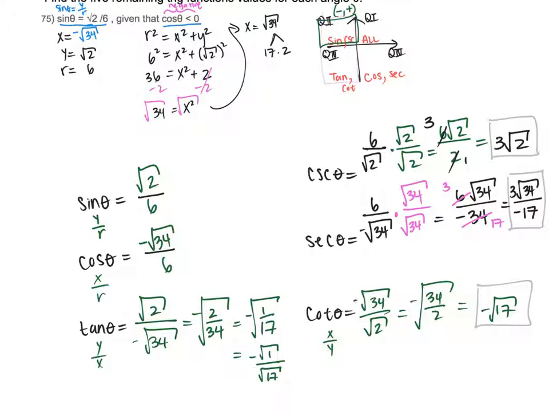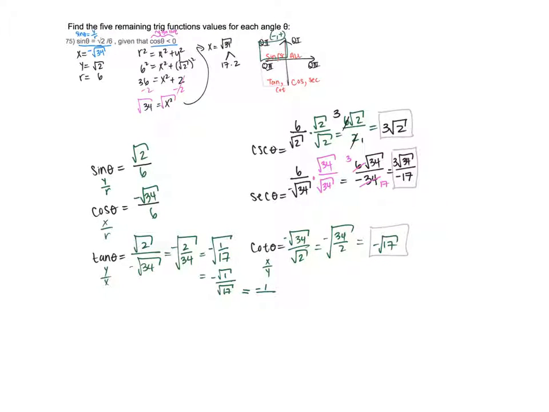And so in this case, I feel like I'm going to run out of room. Okay, I'm just going to work down here. So the square root of 1 is just 1, right? So I have negative 1 over the square root of 17, but I still have a root in the bottom, so I'm going to multiply the top and bottom by the square root of 17.